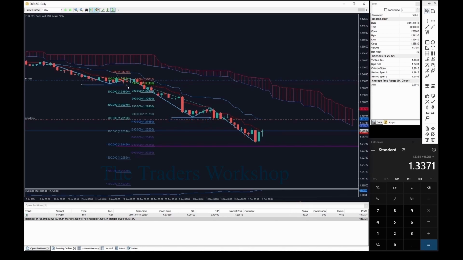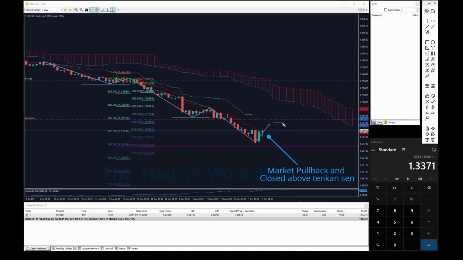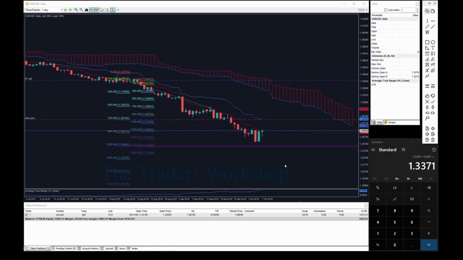And this low right here. And we have this confirmed close above the Tenkan-sen. If the market gives us a valid entry, we will not hesitate to take that trade, and sell the market, expecting it to move even lower. Let's just remove these drawings, and continue with our trade.